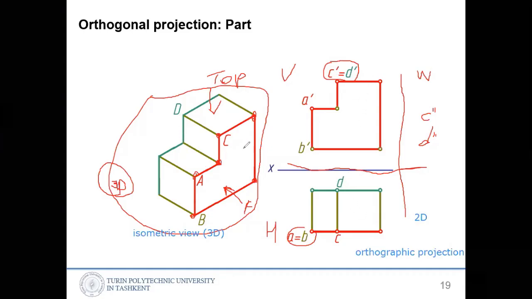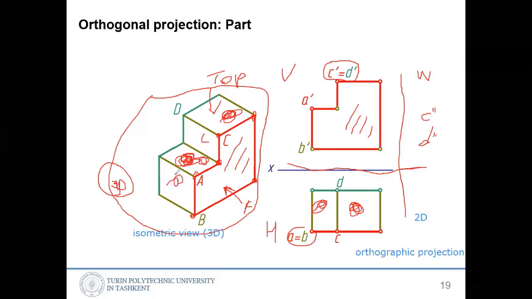So whatever you see from the red side, you have to draw here, and whatever you see on the top here, you will see this and this. So you have to draw here. Whatever you see from this side, say a triangle shape. Let's change the color, another color.